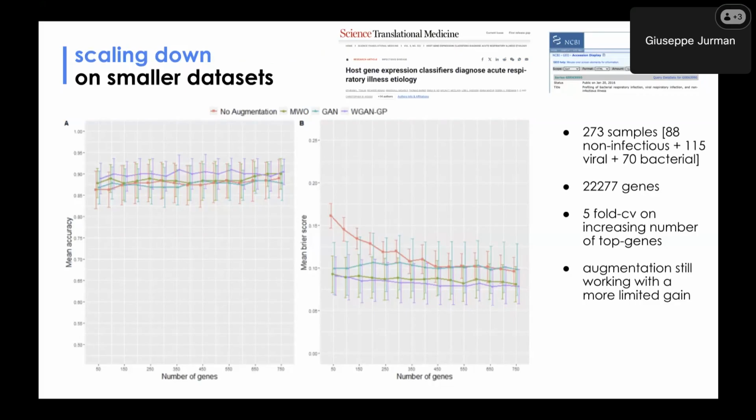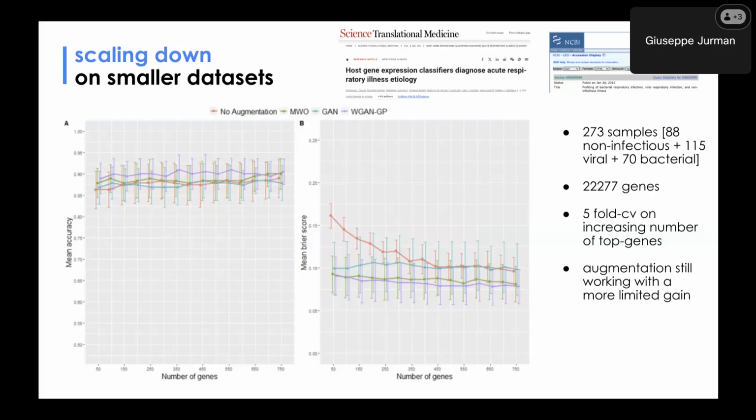What about if we restrict the use to smaller datasets, which is usually the situation in which many researchers have to deal on a daily basis? So we have tried what happens if we deal with a very restricted dataset, only 200 samples, but still high dimensional, 22,000 genes, okay?